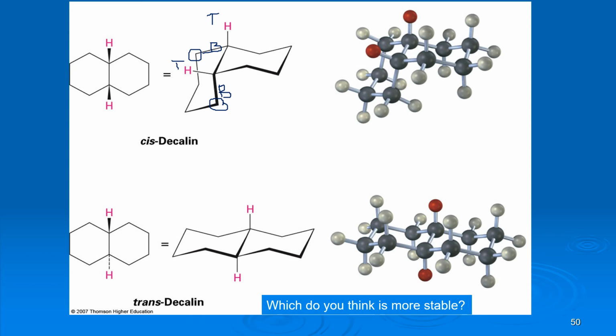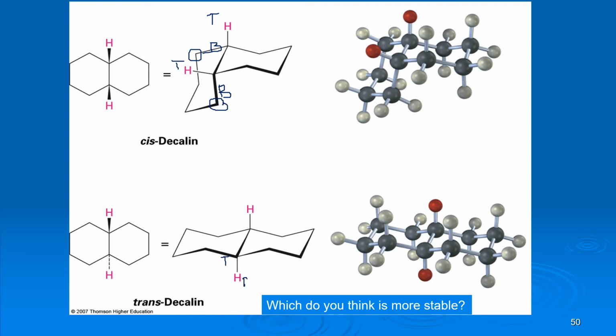So here's this one chair, and by necessity, because this is a bottom and this is a bottom, this ring kind of, you can see the picture over here, goes downward. So that's cis-decalin. And then here's trans-decalin, and notice that this time trans means one has to be the top, which is this.